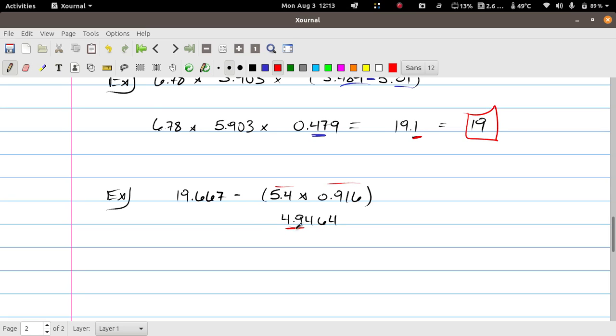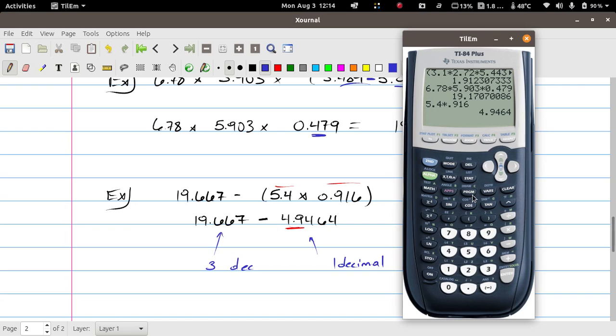You're going to put the whole thing in the calculator, though. So remember, this is addition, subtraction. We're technically only working with 1 decimal place. This one has 3. So that means that our answer should have 1 decimal place. So let's plug this in the calculator and we'll see what we get.